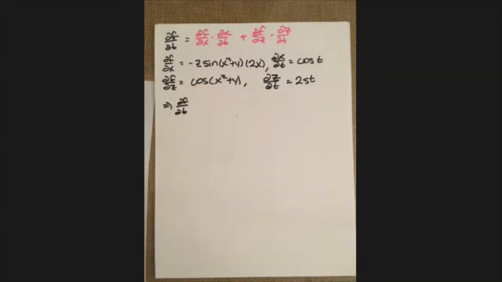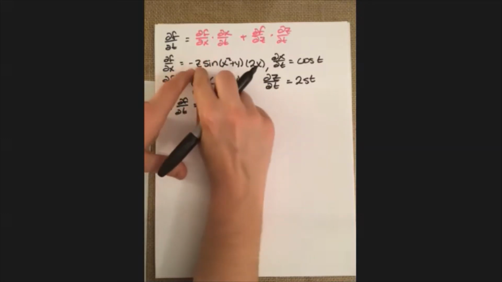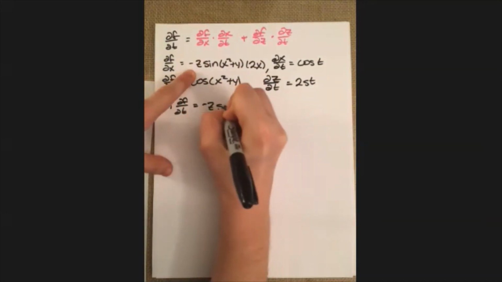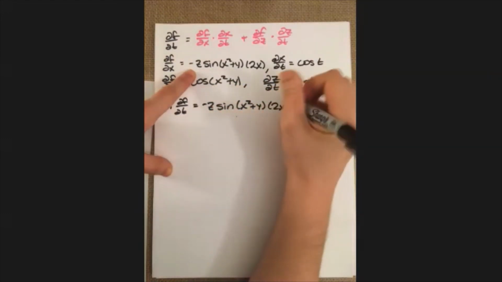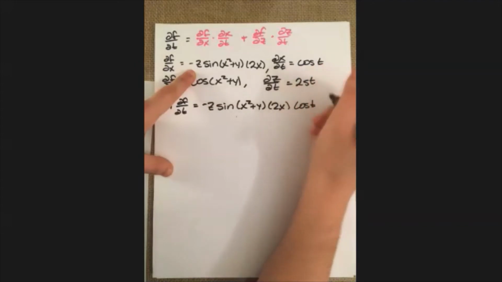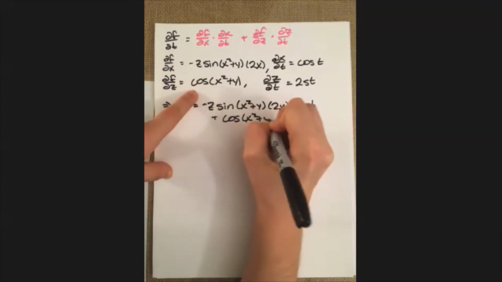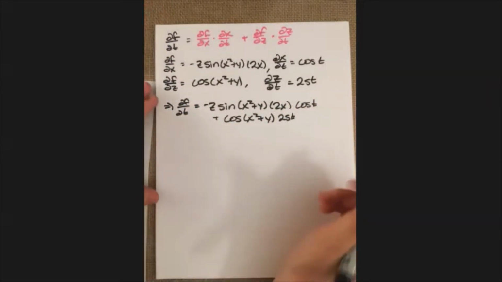So partial of f with respect to t is going to give me negative z sine of x squared plus y times 2x times cosine of t, and then we add to it this cosine of x squared plus y times 2st.